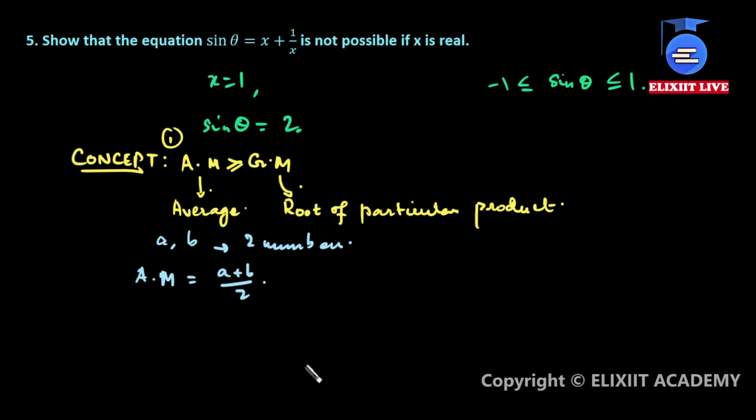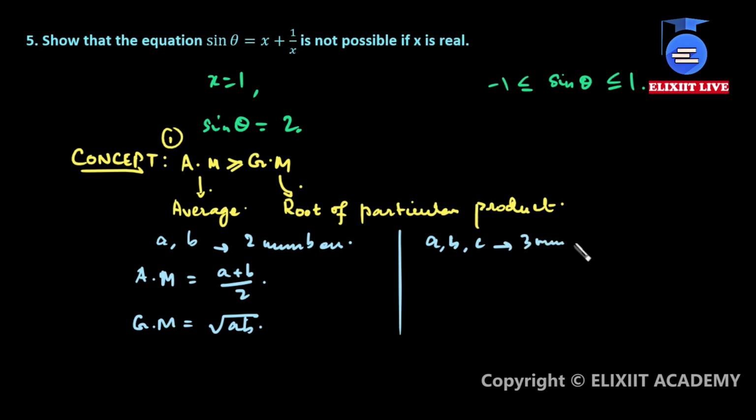Okay. And what is the geometric mean? Now geometric mean is a bit different. It is the root of the product, which means if two numbers are there, we take the square root of AB. Suppose three numbers were there, A, B and C, then we'll take the cube root.